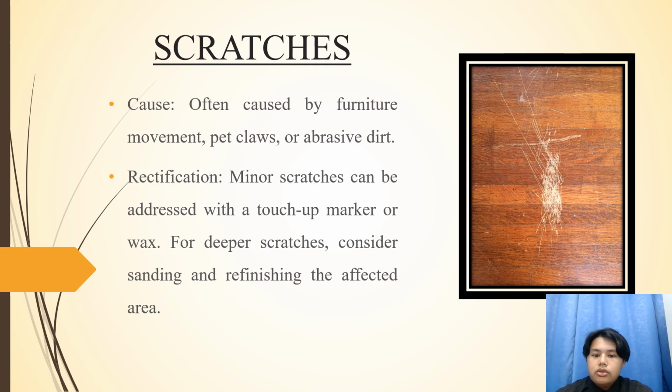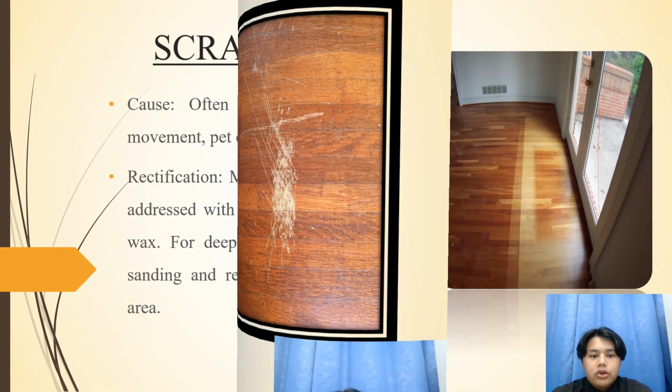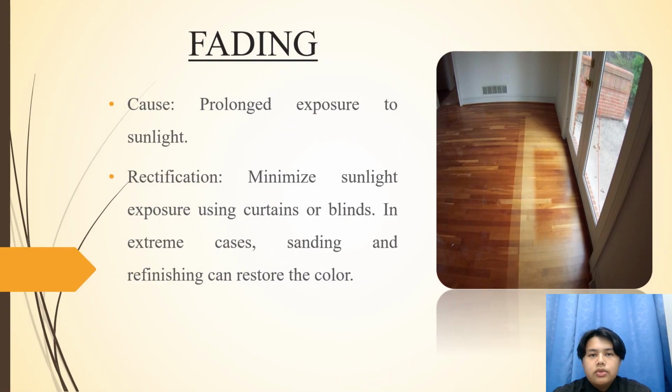After that, I would like to talk about fading. The reason fading happens is exposure to sunlight for too long. Floor finishes that are exposed to sunlight will become more faded.